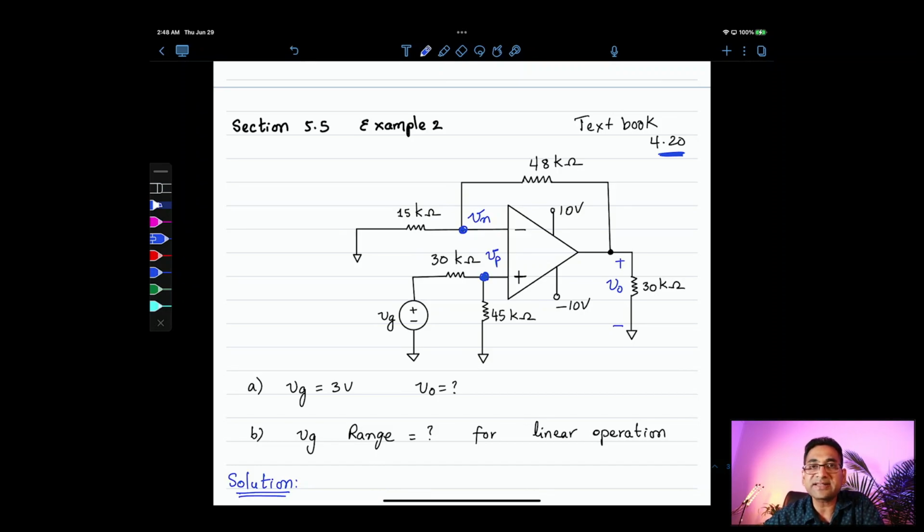So the first step here is to calculate the value of Vp. In the earlier problems, Vp was either tied to ground or a direct voltage was applied to it. We rarely had to calculate the value for Vp and then plug it in to get the value for Vn. But here we need to do that.